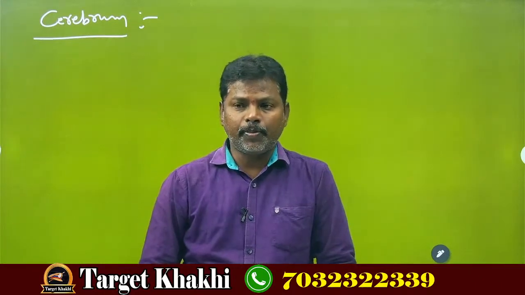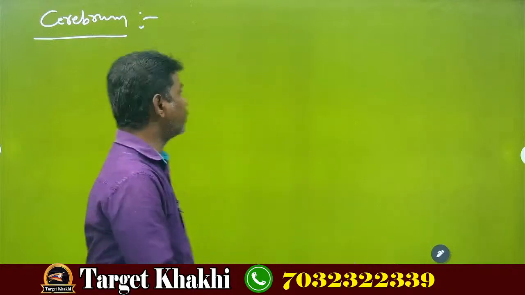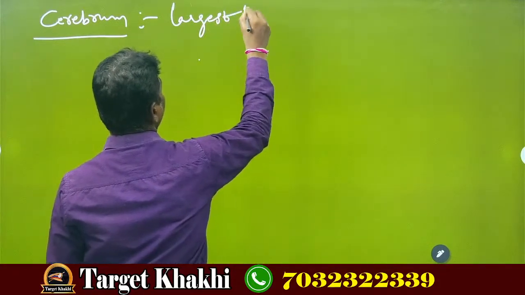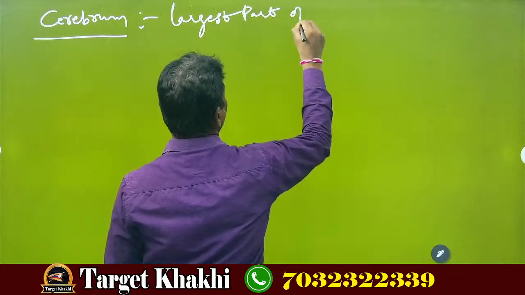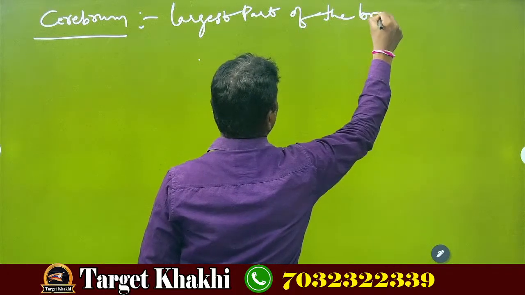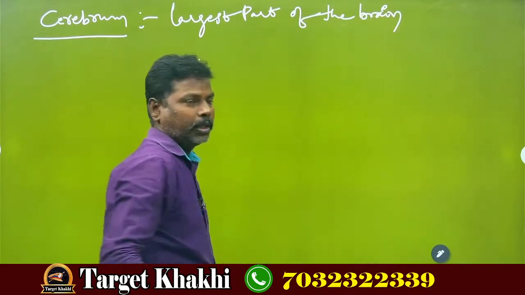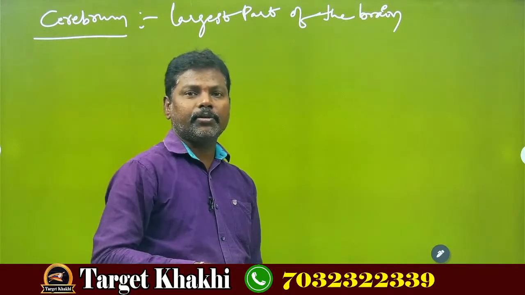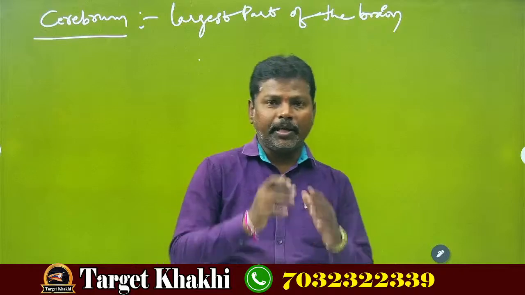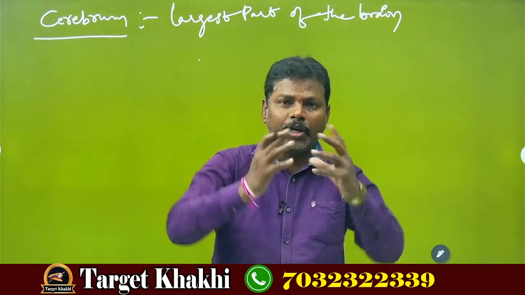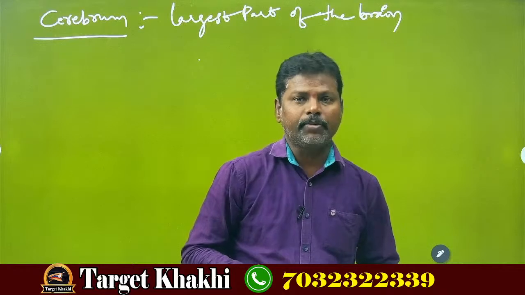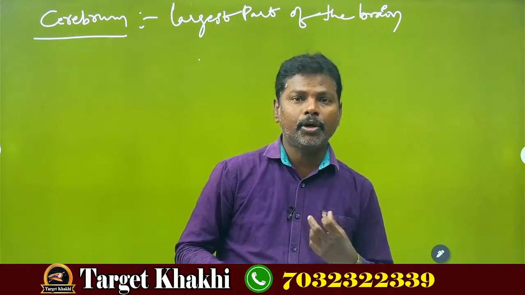Cerebrum is the largest part of the brain. I already told you, cerebrum is divided into two hemispheres. By which part? Corpus callosum. What is that? Corpus callosum.